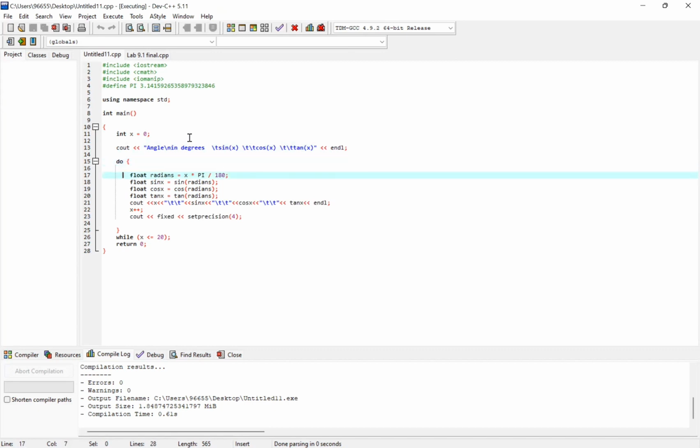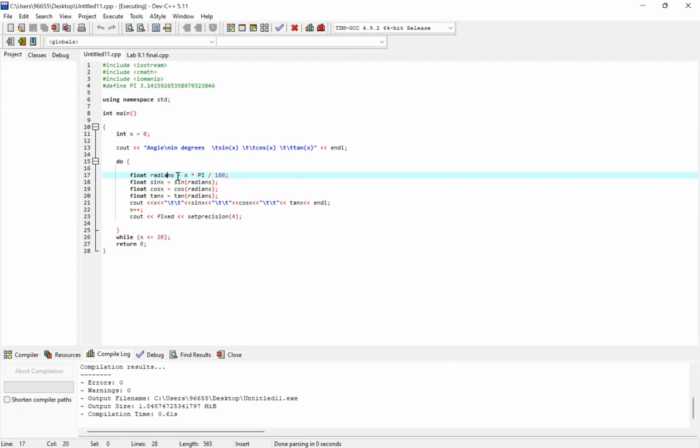Here we can see the float, which is a really important code that we use so that the answer will come out with decimals, in short, because without it it will only be a whole number. So the first one is float radians, and radians here is what we will use for the trigonometric function.